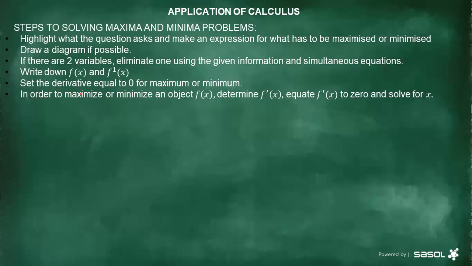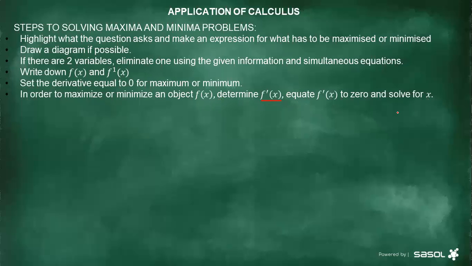In order to maximize or minimize an object, for instance f of x, you should determine f prime of x, meaning the derivative of f of x. Thereafter you equate it to 0 so that you can solve for the value of x. It will depend on the variables that we are working with; it's not always the case that you have to solve for x.